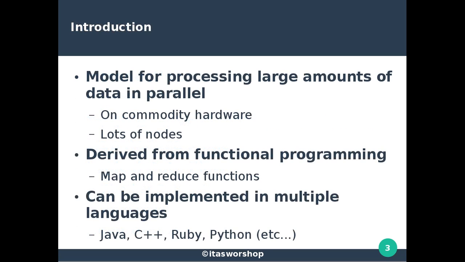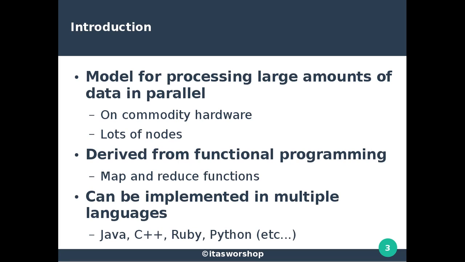So first of all, what is the MapReduce programming model? MapReduce is a model for processing a large amount of data in parallel. So we have Hadoop, which means we have HDFS, and we are doing analysis on a large data set.